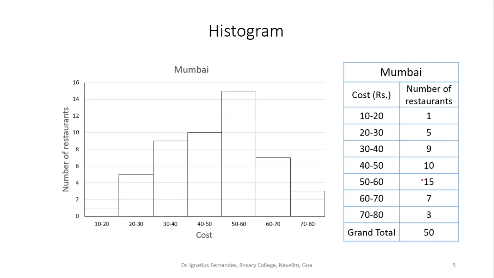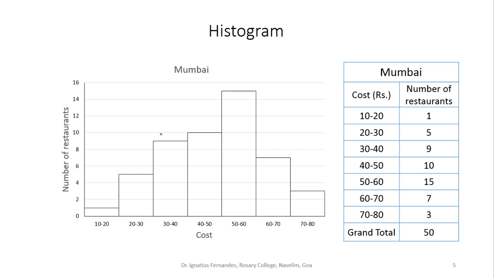The same way here, the frequencies, the number of restaurants, are 1, 5, 9, 10, 15, 7, 3. The lowest value is 1 and the highest value is 15. So accordingly I'll divide this y-axis from 0 to 16 so as to cover these frequency values 1 to 15.